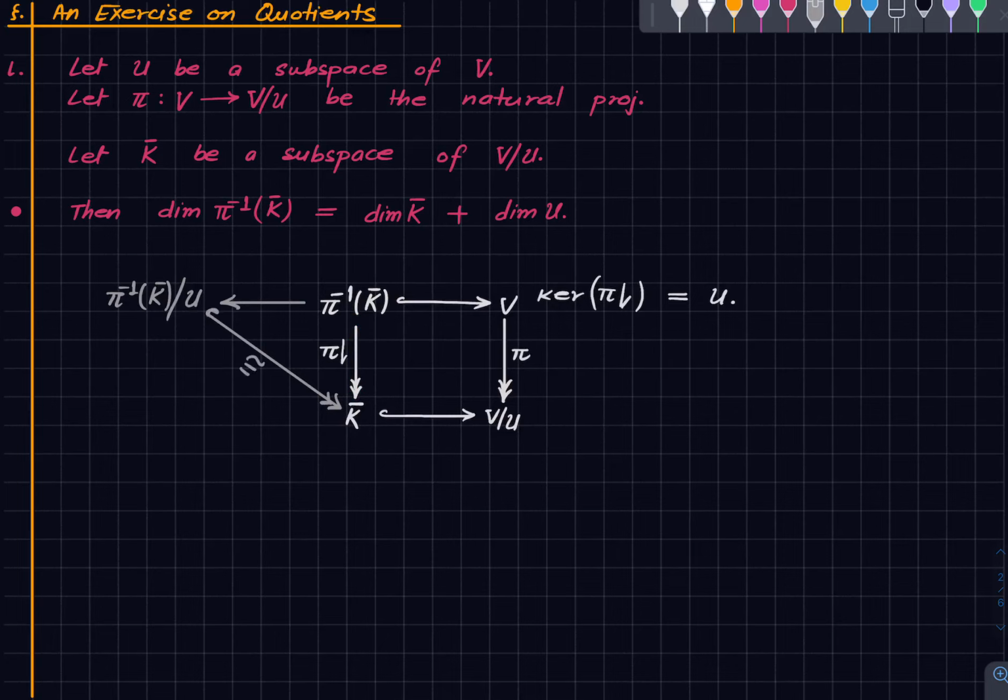So this is an isomorphism. We're not doing anything new. It's just that you have a linear map whose kernel is given, so you can always factor out this way. And therefore the dimension of the two spaces is equal. And now we just use the fact that the dimension of the quotient is the difference of dimensions.